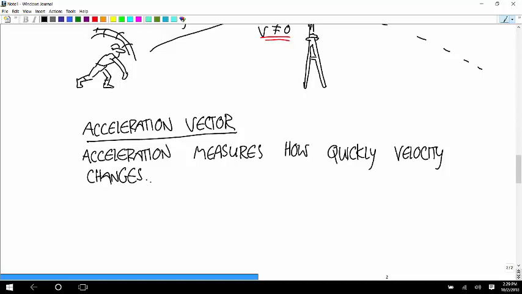In 1D, well, in parentheses here, that means that if the velocity doesn't change, the acceleration vector is 0.